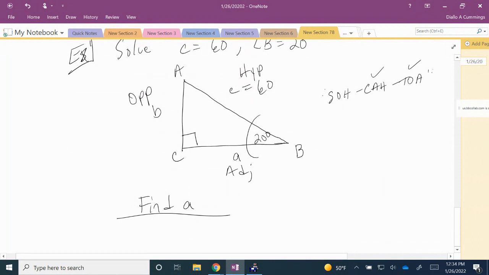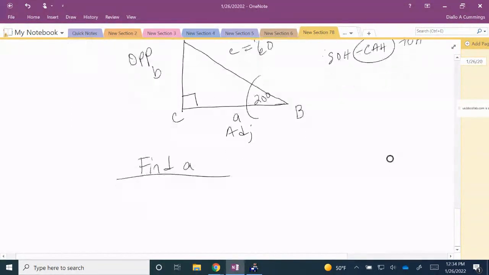We're given the hypotenuse and we're given the angle measure. So here I'm going to use a cosine function, because I know my angle measure. We can find the cosine of our angle measure. We don't know the adjacent, but we know the hypotenuse. So we're going to set up a cosine function.